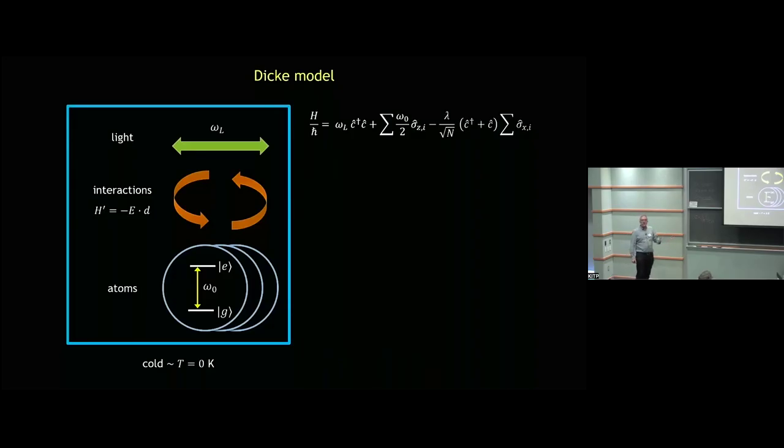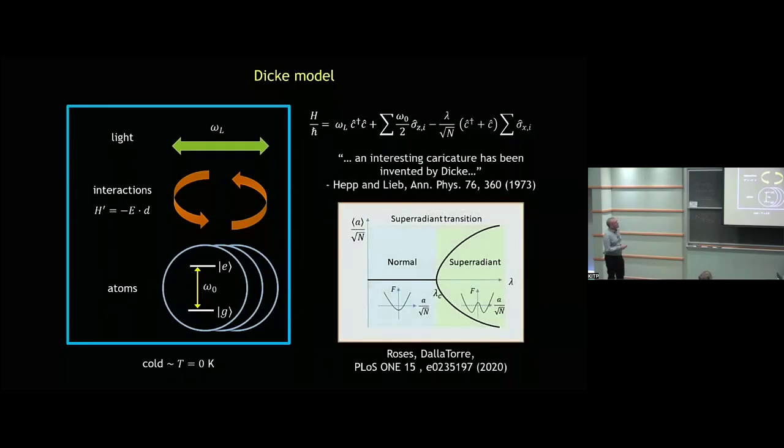The night sky would be full of photons. That would actually be the lowest energy state. And this is exactly the Dicke model. And as was described by Hepp and Lieb, this Dicke model has a phase transition as a function of this coupling strength. You go from a dark sky to a bright sky. You go from a normal phase where there's no coherent electric field out in outer space to the superradiant phase where there is.